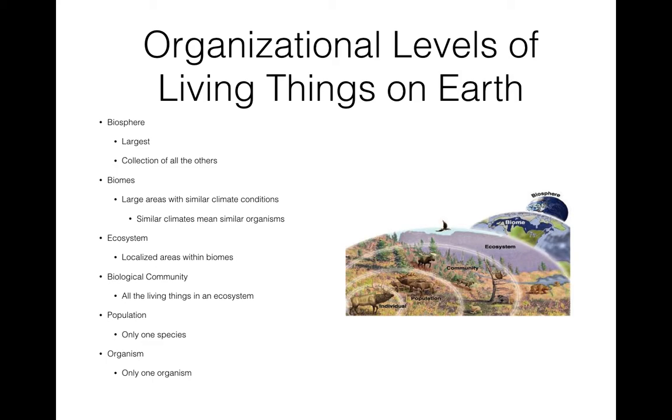All the populations in a particular area make up a biological community, and all the places where we have similar communities are called ecosystems, and they are grouped into some major types of ecosystems called biomes, and then the biomes collectively make up the biosphere.